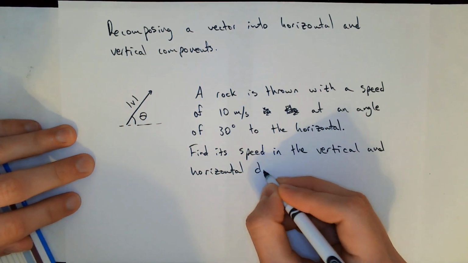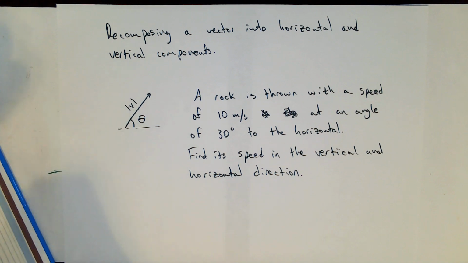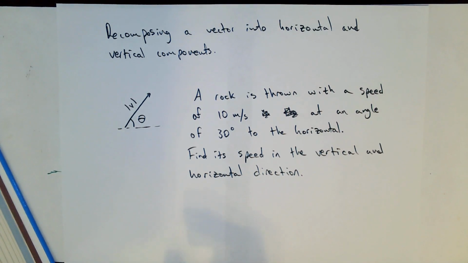Well, you can tell a lot of things once you learn to decompose these vectors, once you get a little bit of physics under your belt. Vertical and horizontal direction, right.